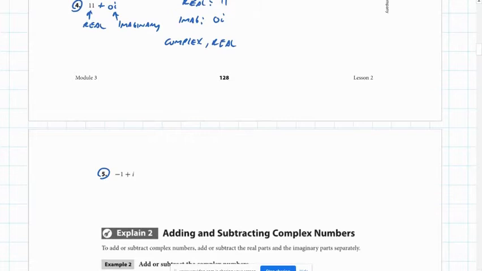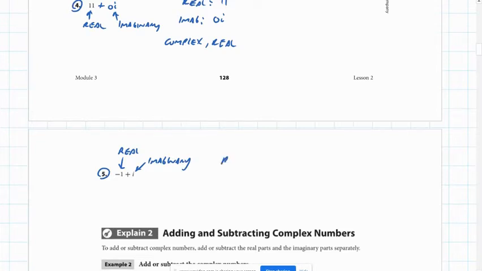Go ahead and try problem number 5. Identify the real part and the imaginary part and name what sets it's part of. This part is real. The part with the i is imaginary.